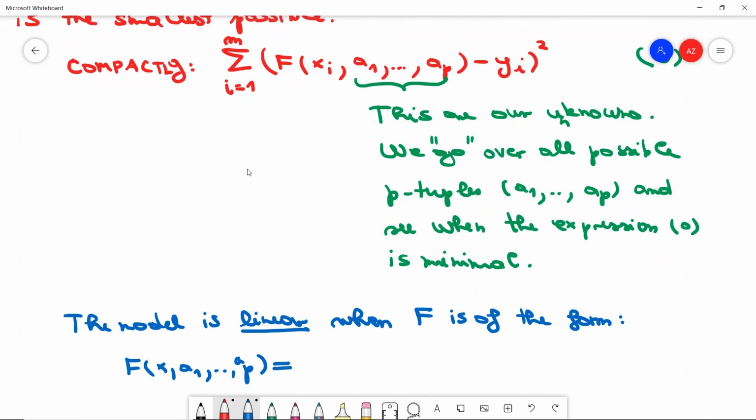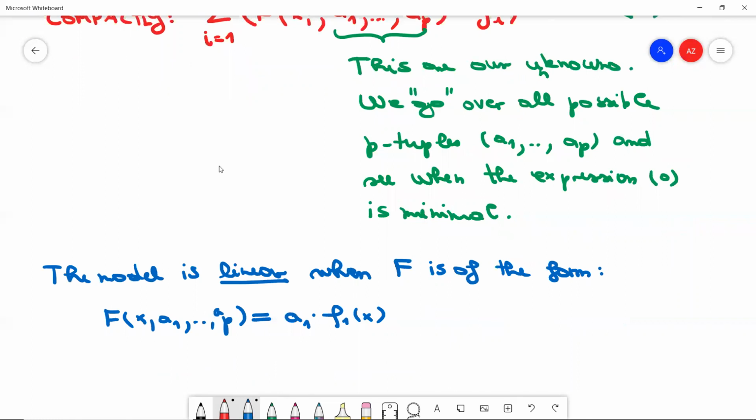This is a1 times some function of x. This function of x doesn't need to be linear. The important part is that f is linear in the a's, because the a's are the parameters which we need to determine. Those functions phi1, this is just some function, and we can calculate its value at a given x. Plus a2 times some function phi2 of x, and so on, ap phi p of x.